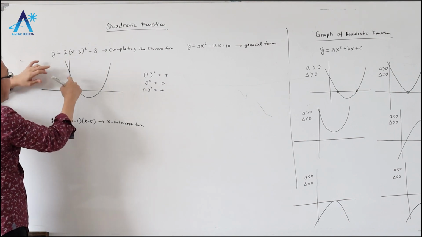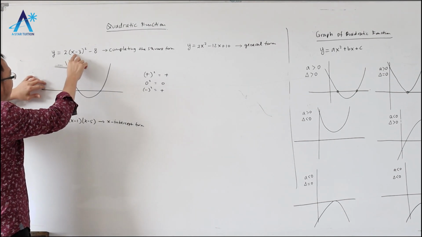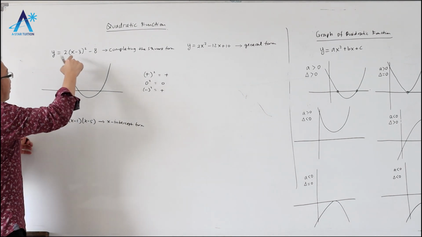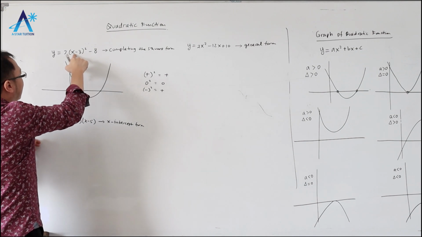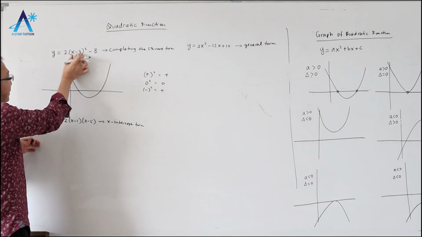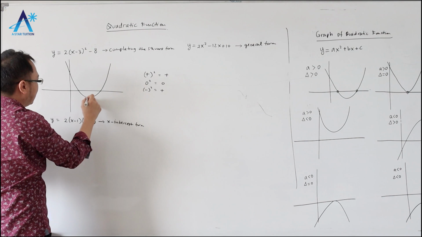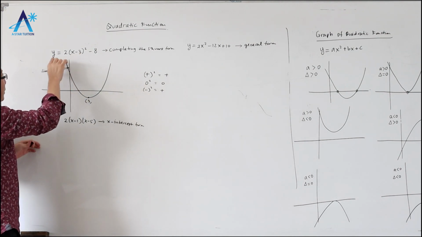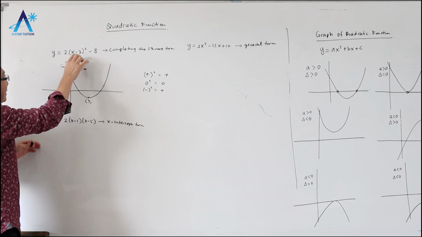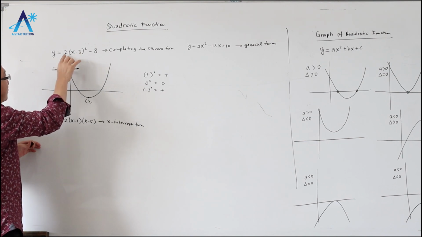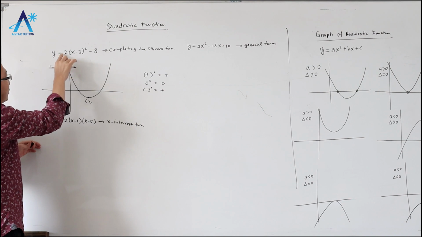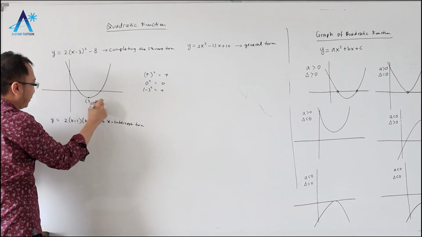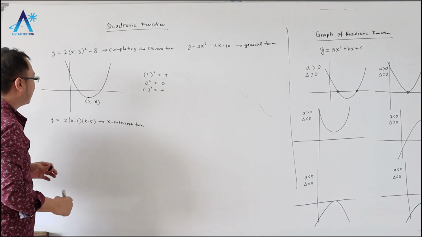The corresponding value of x that causes this to be 0 has to be equal to 3. Y reaches minimum when x is equal to 3, and the corresponding value of y is 2 times 0, minus 8, which is negative 8. This is called the turning point.